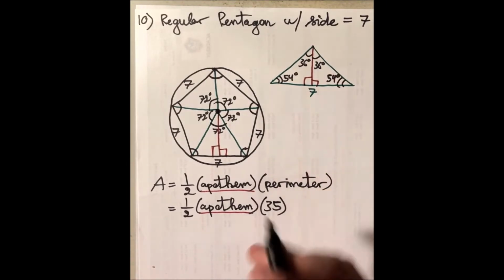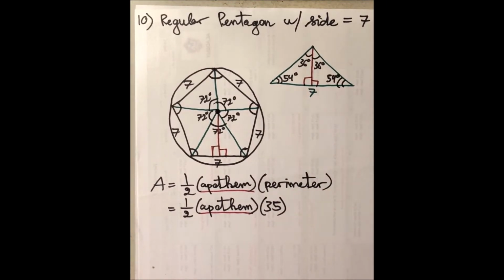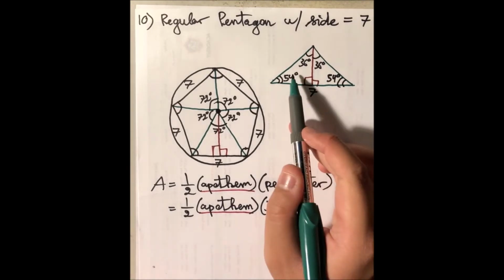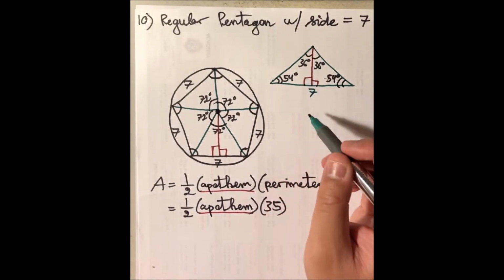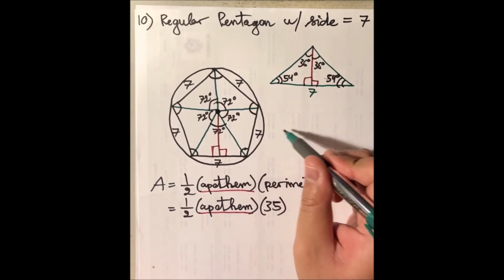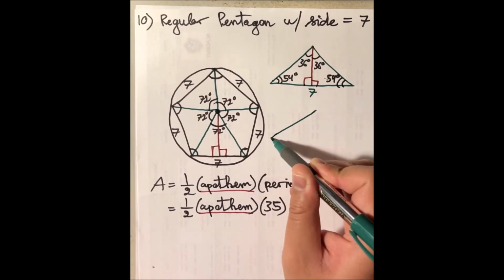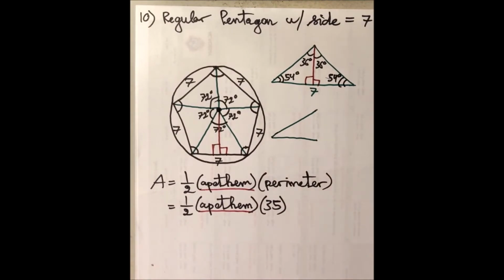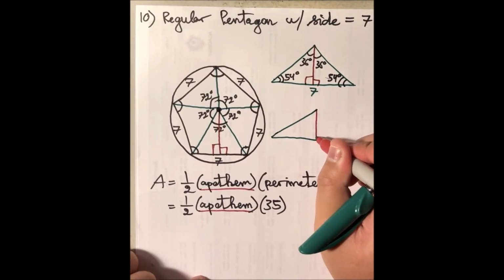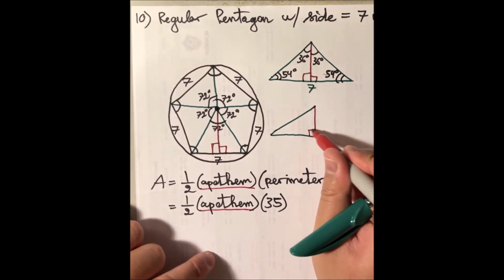Now, to find the apothem here, it is worth noticing that we should pick one of the 2 halves of this triangle. So I'm going to go ahead and pick the left half. So the left half is going to look something like this. Like that. This is 90.